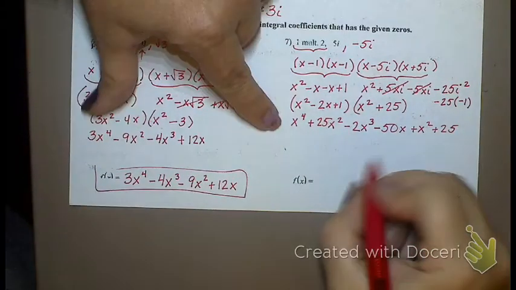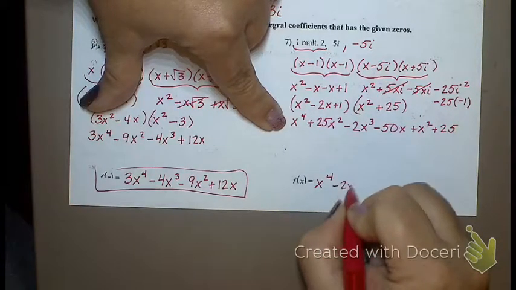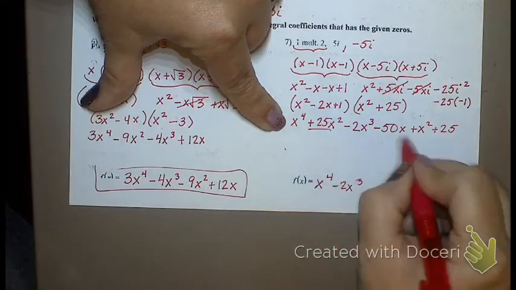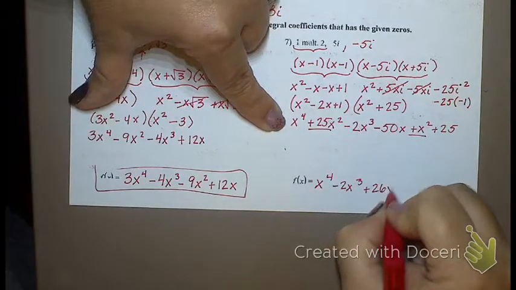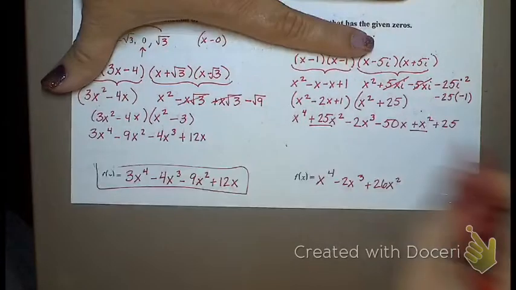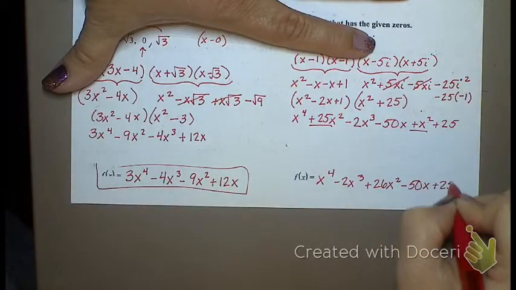So let's see. X to the 4th comes first, then I have minus 2x to the 3rd. I have 2 terms with x squared. What does that give me? 26x squared and minus 50x and plus 25.